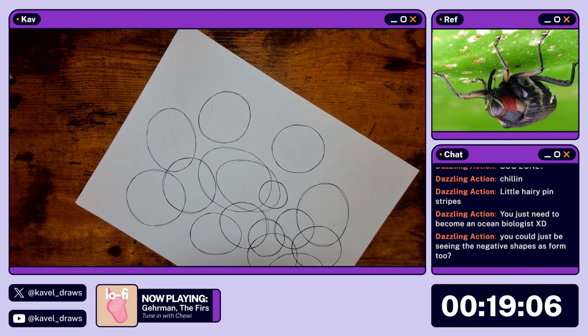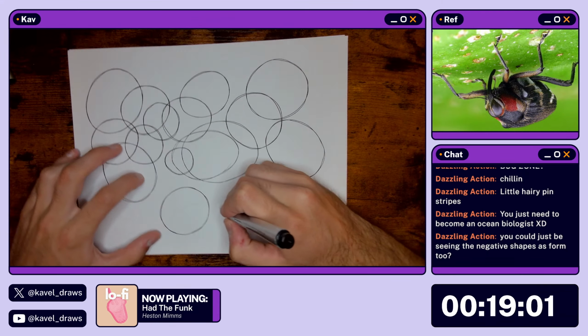Smeared some ink there as well. I hate that feeling. It's probably one of my worst feelings, art-wise. Ugh.